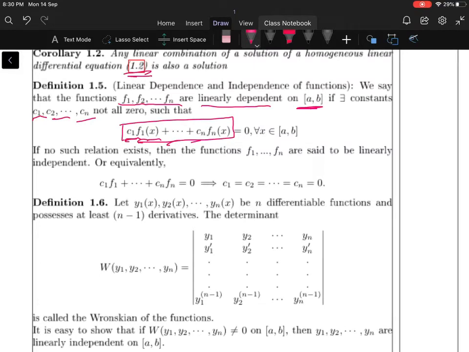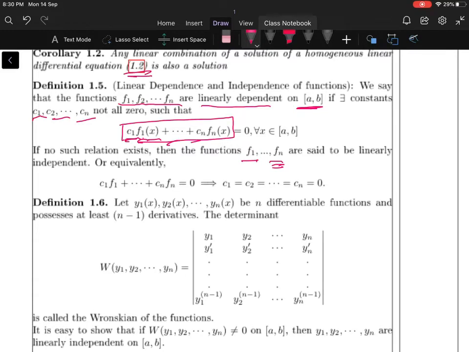In this case, if any one of the constants is not 0 while solving the equation, then we can say the functions f1, f2 and fn are linearly dependent on the particular interval ab. Suppose no such relation exists, then the functions f1, f2, etc., fn are said to be linearly independent.